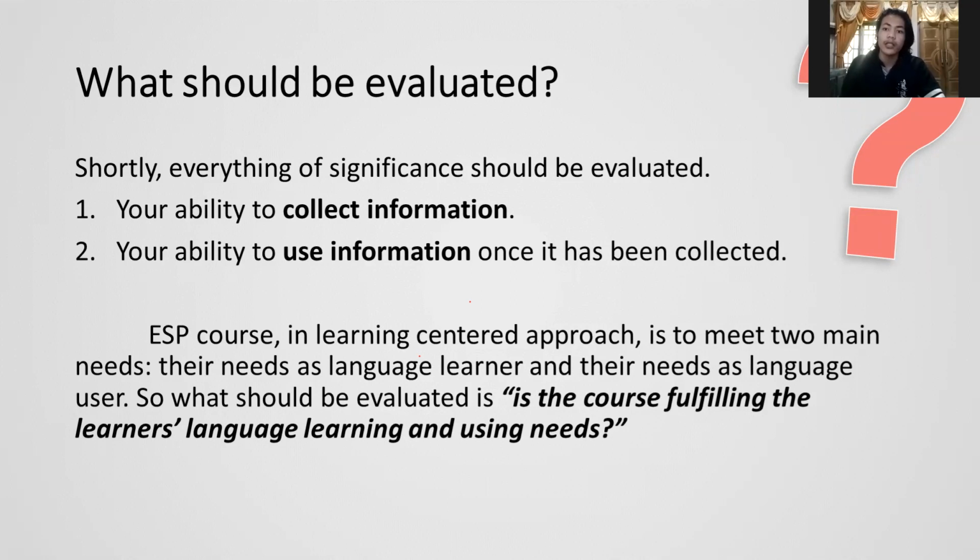ESP courses in a learning-centered approach are to meet two main needs. The first one is their needs as language learners, and the second one is their needs as language users. So what should be evaluated, according to Tom and Allen in 1987, is: is the course fulfilling the learners' language learning and using needs? That's what should be evaluated.